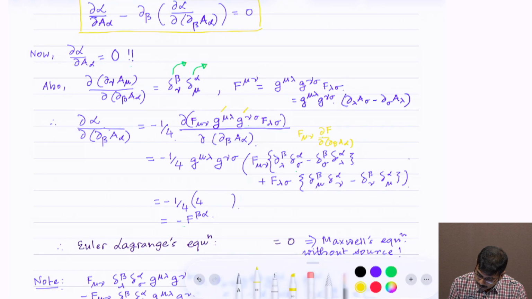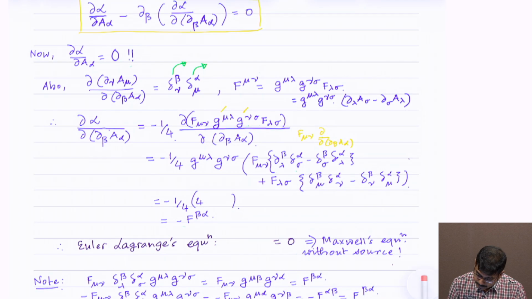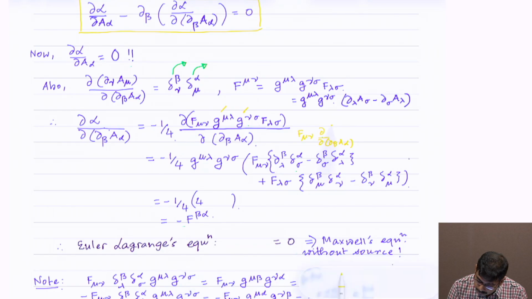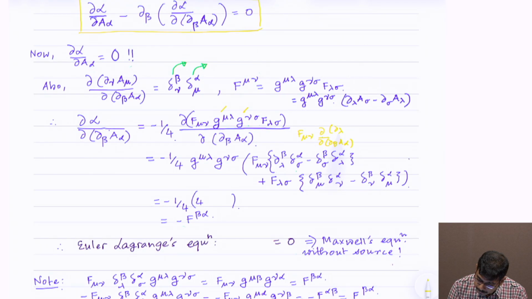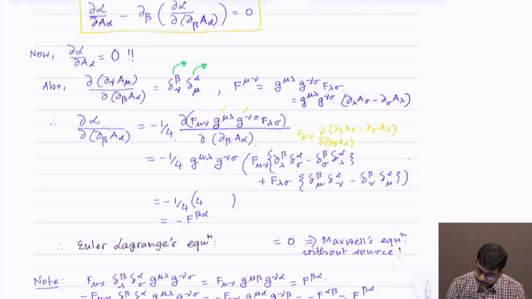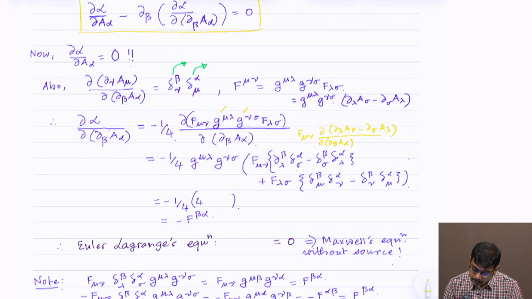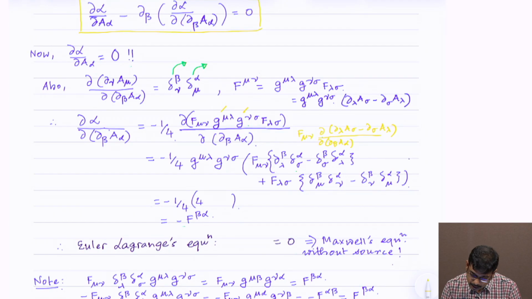What was f of lambda sigma? From this expression, it is del lambda A sigma minus del sigma A lambda, right. So now you see that this is going to be f mu nu.